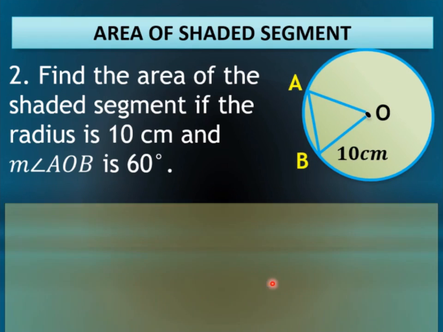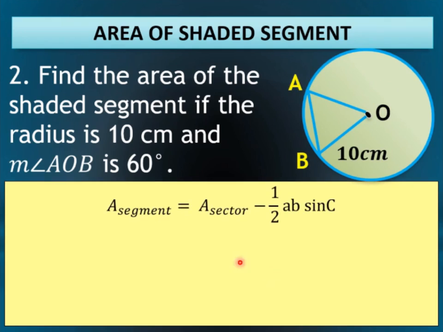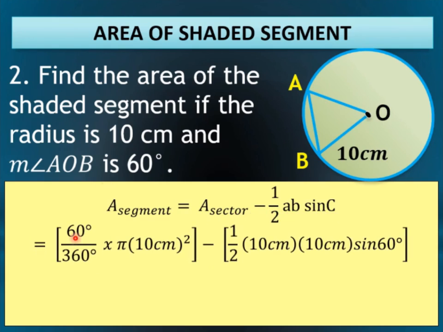Another solution. So we can use the area of the segment is equal to the area of the sector minus 1/2 multiplied by a times b times sine C. By substitution, we have 60 degrees over 360 degrees multiplied by pi times the length of the radius, 10 centimeters, squared, minus 1/2 times, since line segment OB is equal to line segment OA, our a and b are both equal to 10 centimeters.